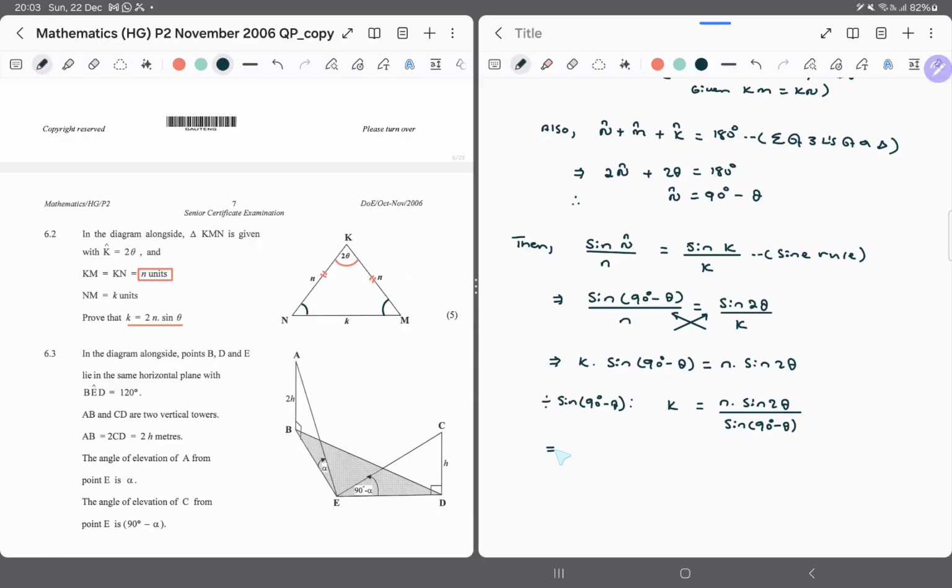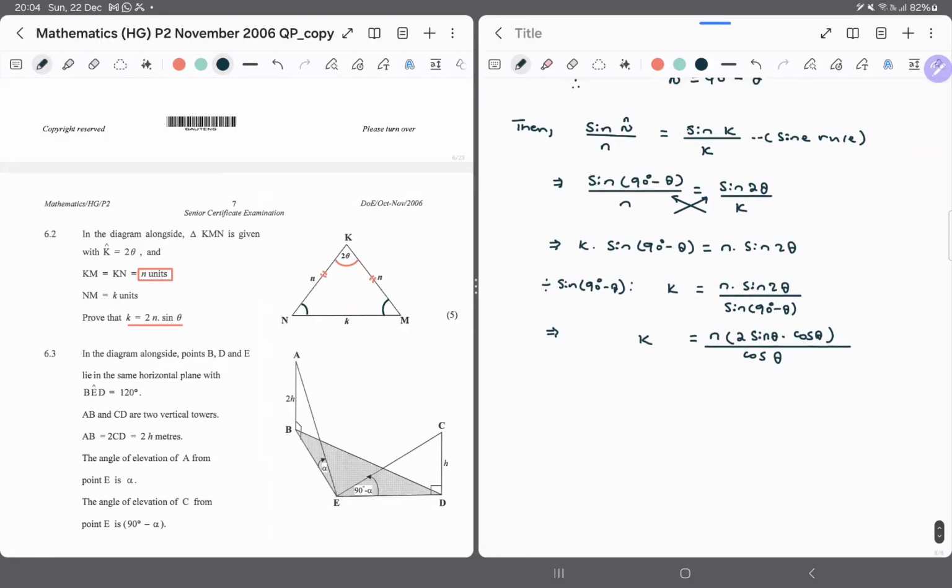All right, this implies that k is equal to, we expand this, this is n into 2 sine theta cos theta divided by, we use cofunctions here, this is going to be cos theta.